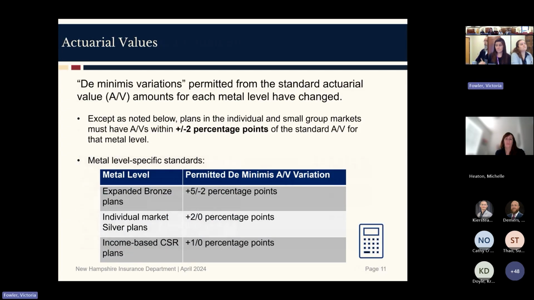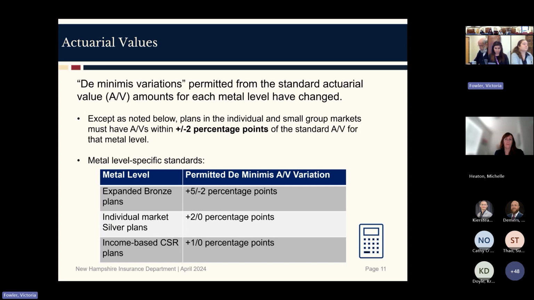This slide is in regards to the actuarial values. This slide shows the de minimis variation permitted as per CMS. For the individual and small group market, you must have the actuarial value within plus or minus 2% of the standard actuarial value.